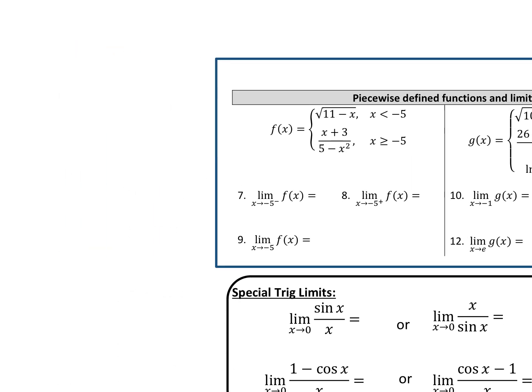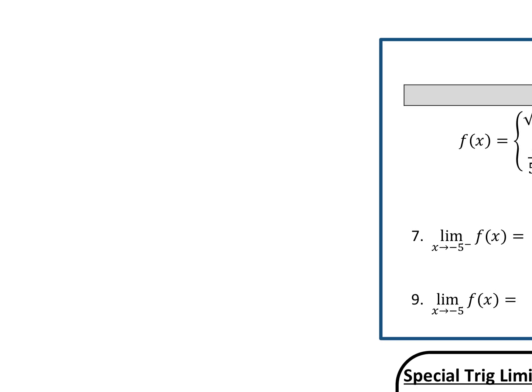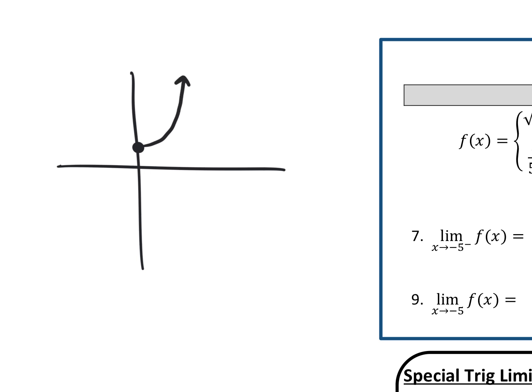But let me give you an example of a pretty basic piecewise function, right? Pretty much yesterday when we were doing limits with the graph, all we did were regular piecewise functions with the graph. So let's say I give you, I don't know, something like that. What kind of shape does that look like? It looks like half a parabola, right?